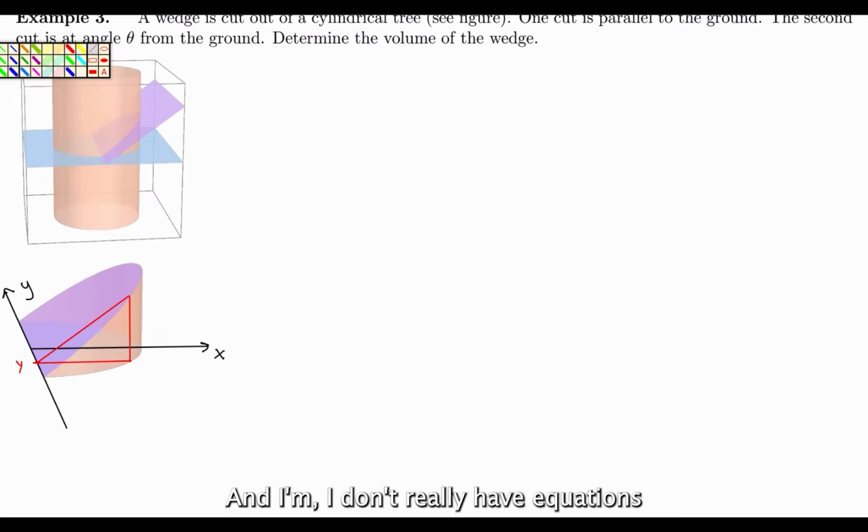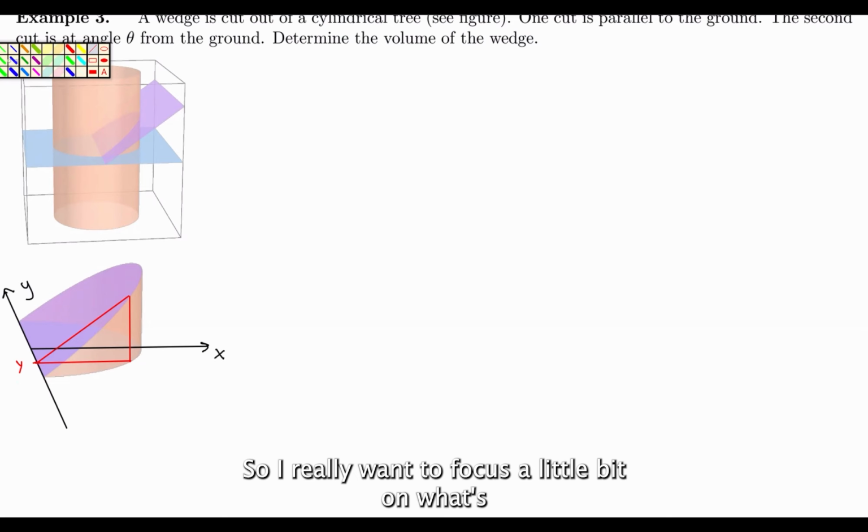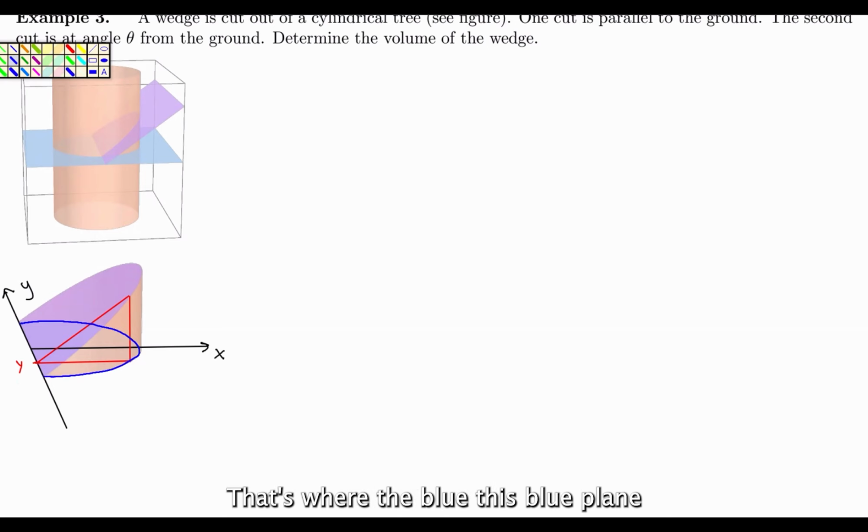Okay, and I don't really have equations for the stuff that's outside of the xy plane, so I really want to focus a little bit on what's happening inside the xy plane first. So I want, for one thing, to look at this curve, which is in the xy plane. That's where this blue plane intersects the tree.